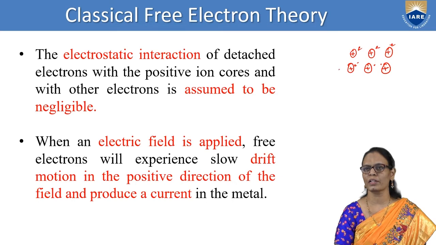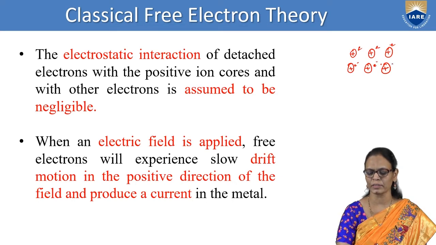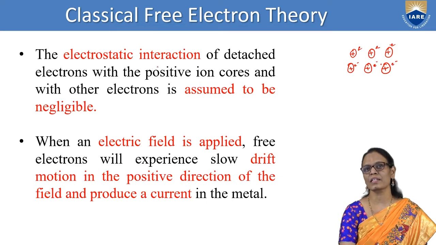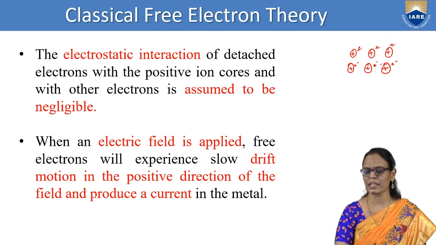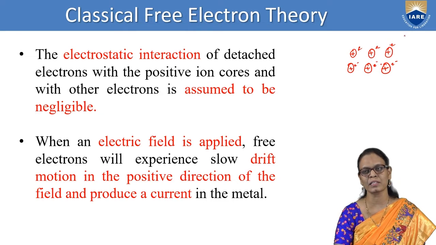So what they are saying here is that the electrostatic interaction of the detached electrons with the positive ion cores and also with the other electrons is assumed to be negligible, because in the previous slide we saw these electrons can be made free very easily, because they are loosely bound, and when they are free they can move very freely inside the crystal.